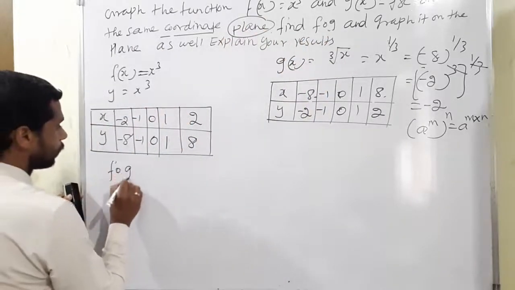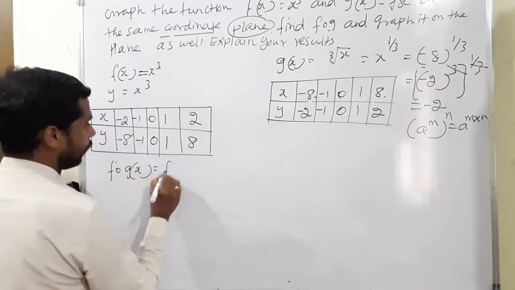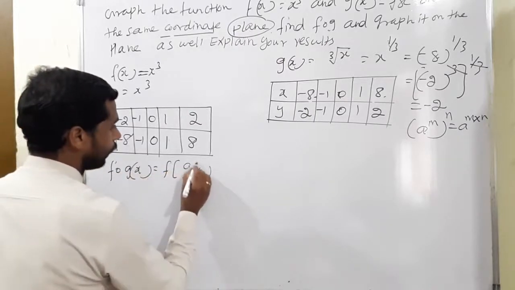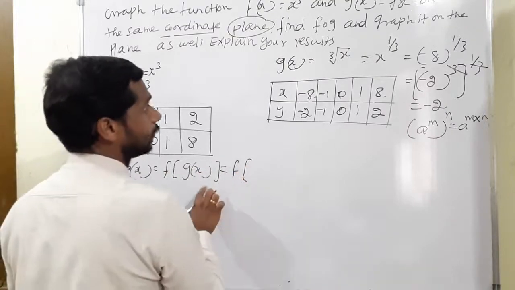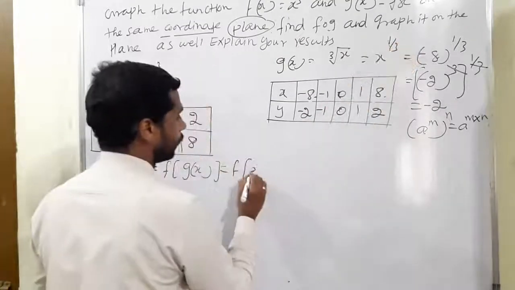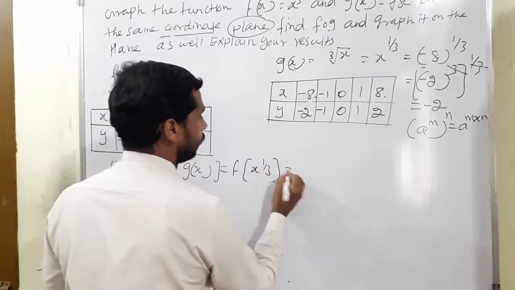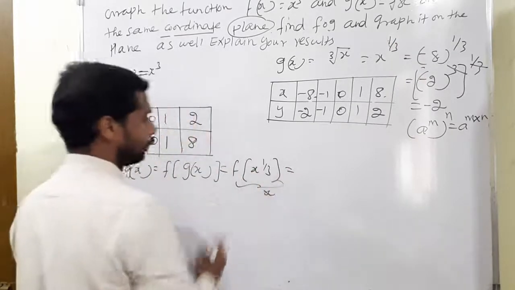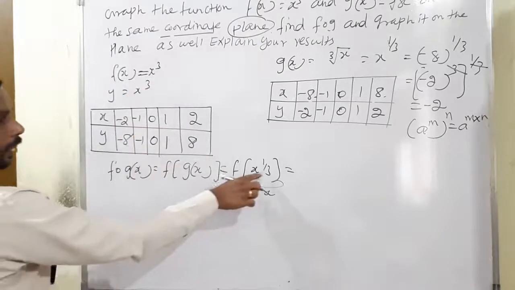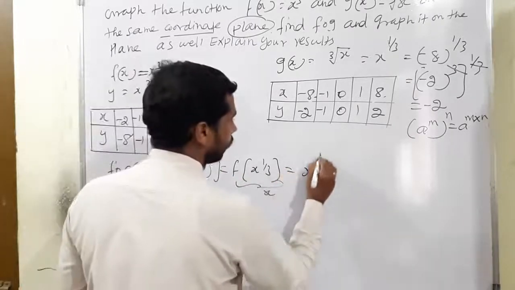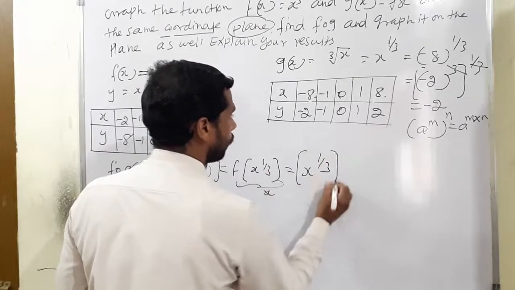So f dot g of x is equal to f of g of x. What is the value? g of x is x to the power 1 by 3. This whole term is considered for x in f of x is equal to x cube. Instead of x, we write x to the power 1 by 3, then the whole power of 3.